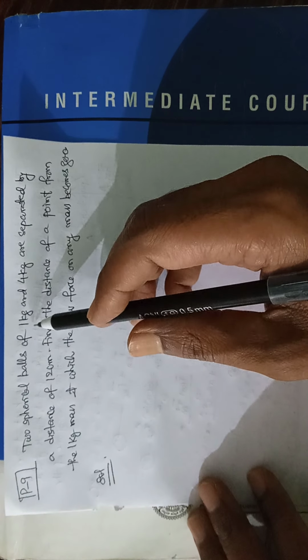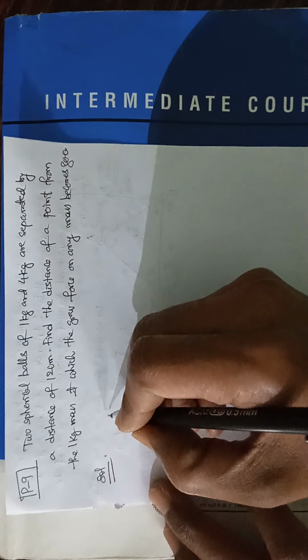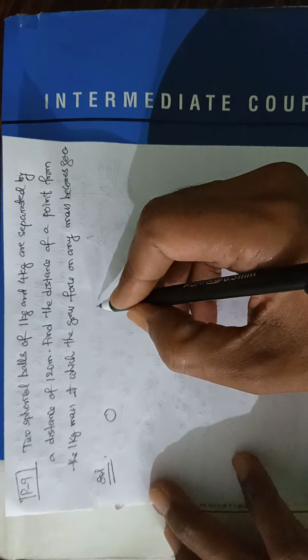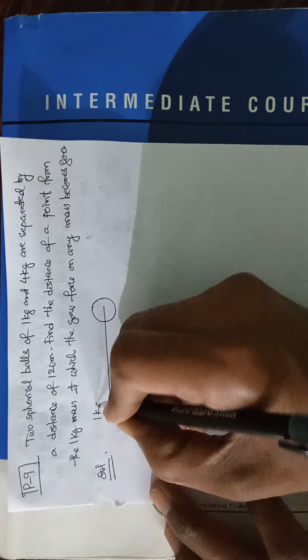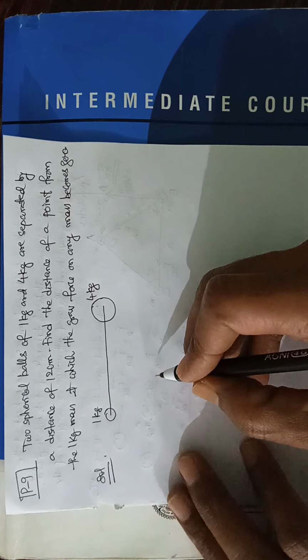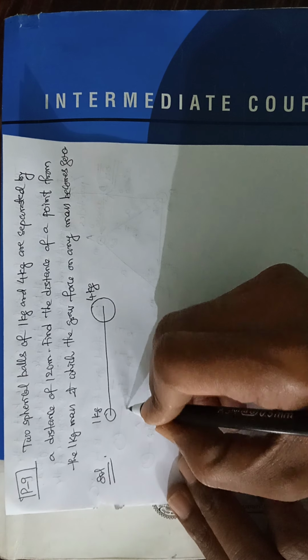Two spherical balls of 1 kg and 4 kg, this is 1 kg and this is 4 kg, are separated by a distance of 12 centimeters.